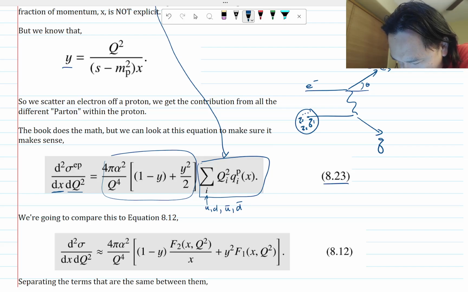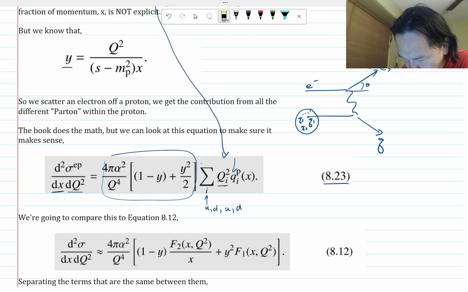So that's each of these different quarks. And then this Qi tells you what the charge of that individual quark is, and this lowercase q tells you basically the fraction of momentum exchange for that particular type of quark.